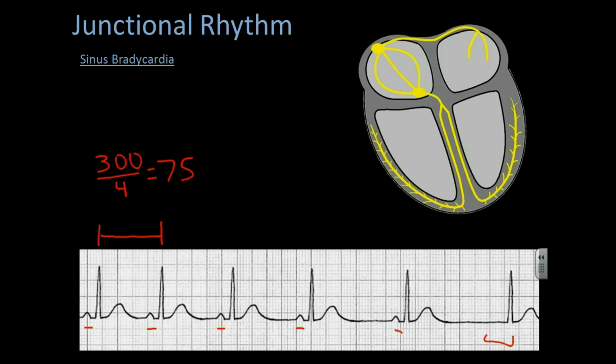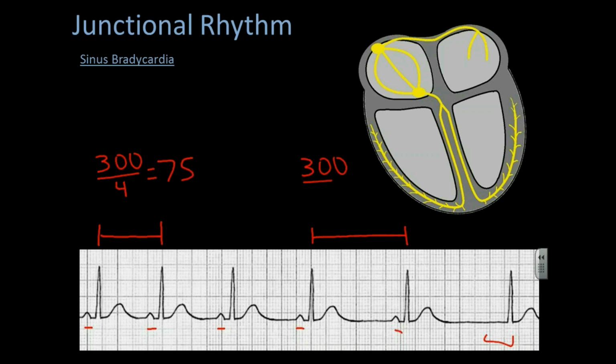So they're in normal sinus rhythm. Everything's great. But then their heart rate slows way down. You see the R to R intervals getting longer and longer. So let's measure this. How fast is that right there? Looks like I have approximately 6.5 boxes.